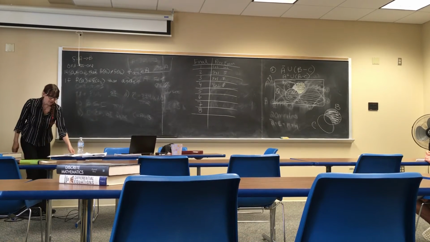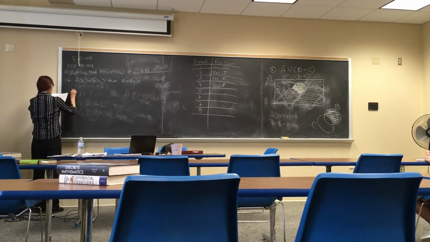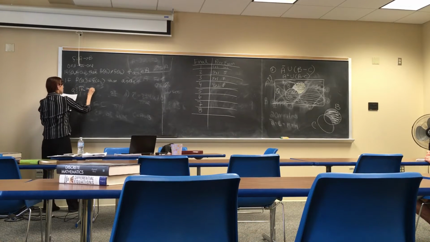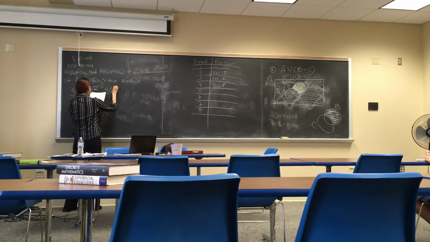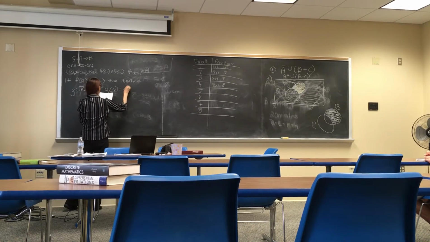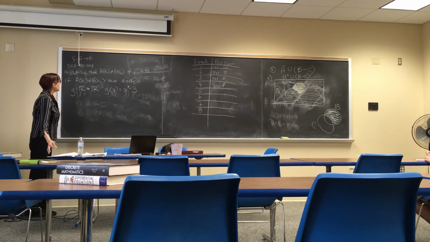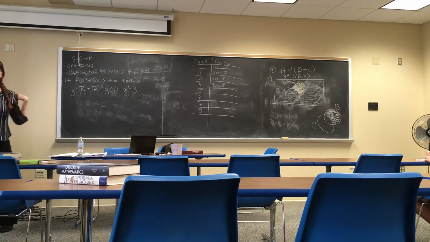So looking at the function that we were given in number 8, we have g from the real numbers to the real numbers, defined by g of x equals x cubed minus 3. So if you're looking at it and you really don't think it's one-to-one, then just do an example.